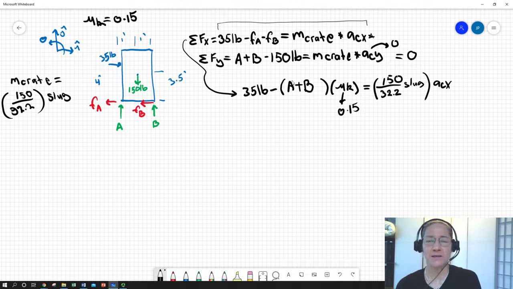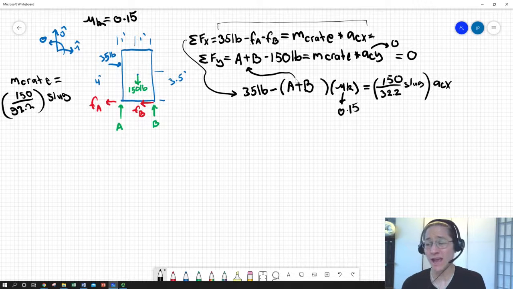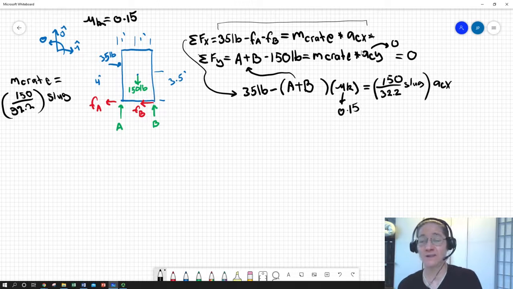Now we can look back up here and say, well, I don't know what A and B are separately, but I know they sum up to 150 pounds, so I can invoke my other equation, in this case an equation of equilibrium, and get an expression for A plus B. So now I can solve for ACX.